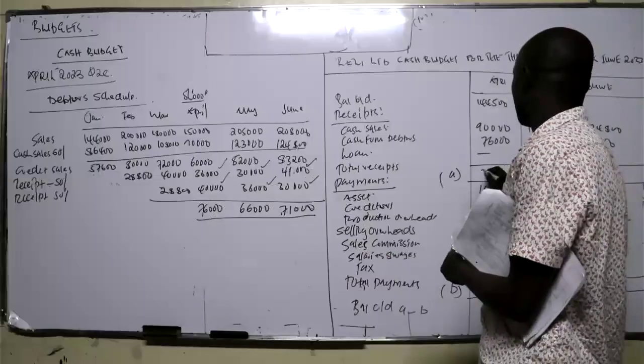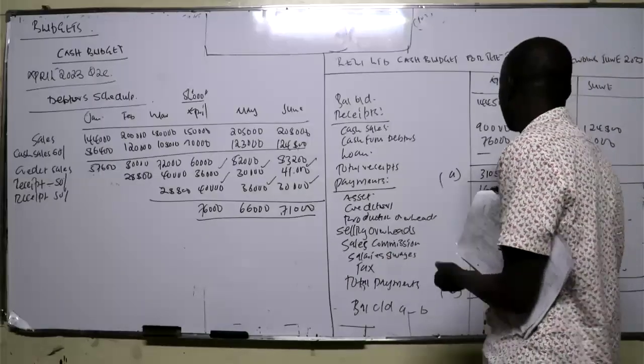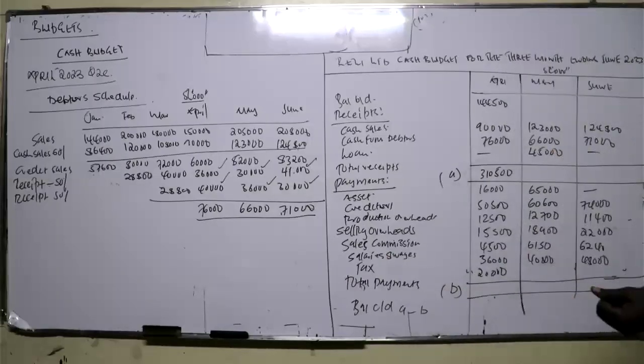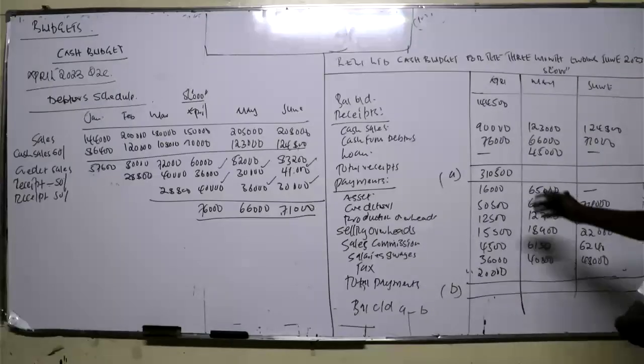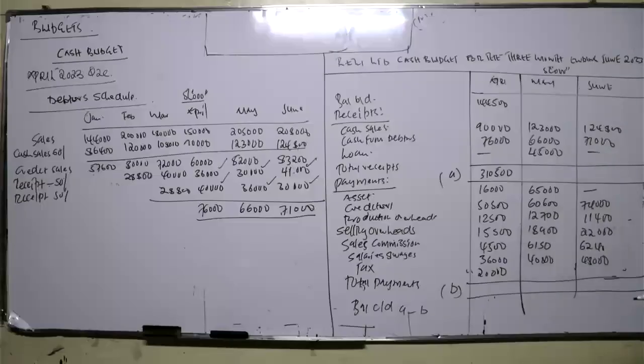So we add this one, another person adds the payments. 310, so this one is 310,500. No, we go one month by one month. We go one by one. For total payments, first of all, we must get the closing balance, because the closing balance in any given month is the opening balance of the subsequent month.